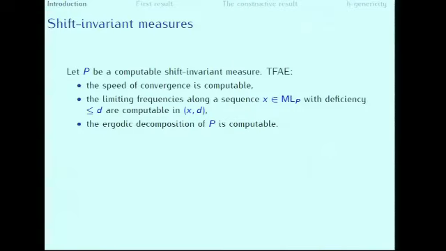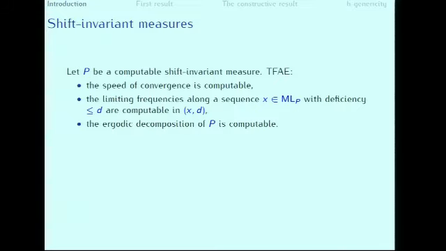I will not define what it means that the ergodic decomposition is computable, but you can understand this by this characterization. You take a computable shift-invariant measure, and the following things are equivalent. The frequencies converge with a computable speed.